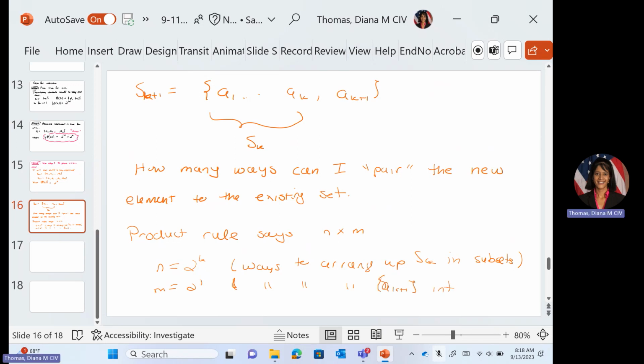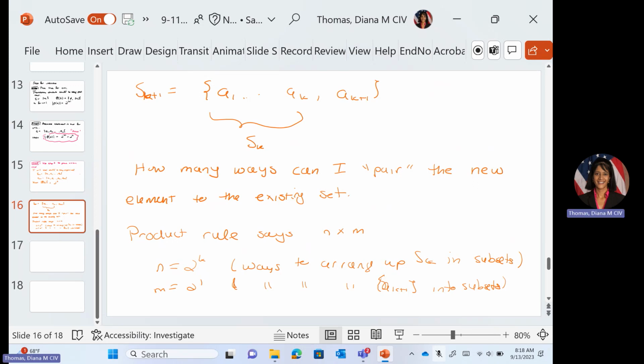It's still step 3. Yes. Okay. So I just multiply them. That's what the product rule says, right?